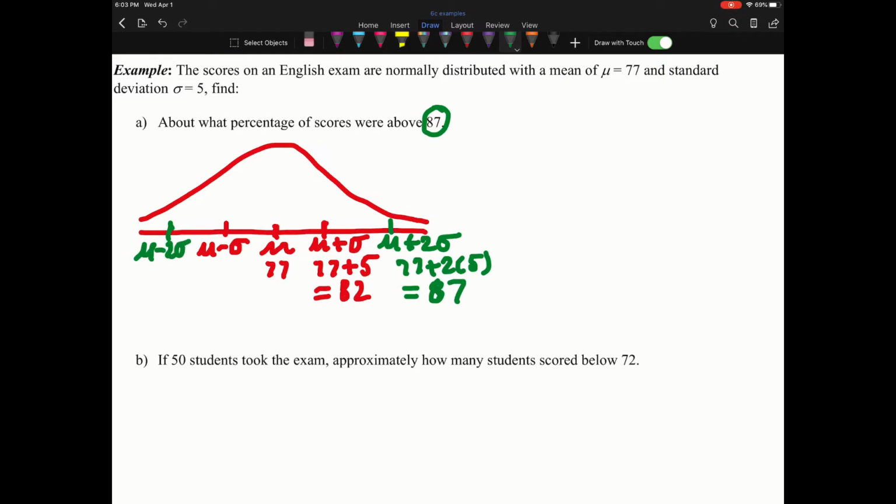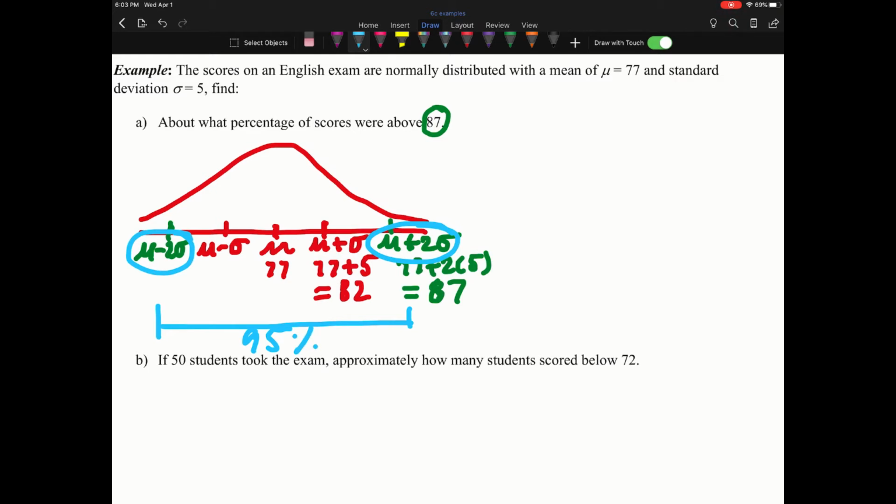Now, mu minus 2 sigma and mu plus 2 sigma is the interval that is within 2 standard deviations of the mean. And we know by the empirical rule that the proportion of values between these two is 95% of all values.